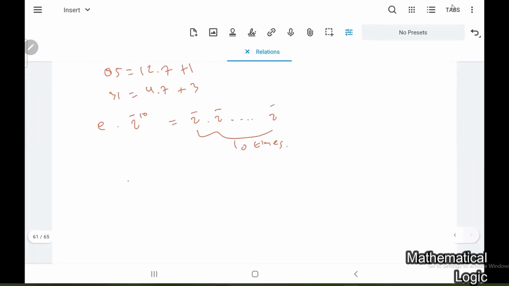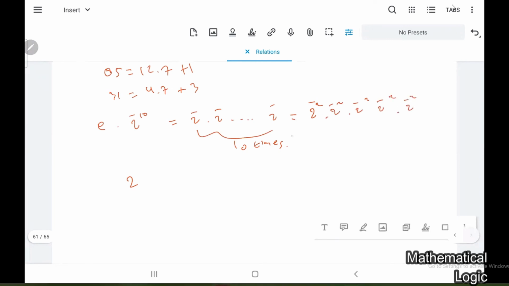One easier way is like this: maybe we can divide into parts. 2 square times 2 square, 2 square times 2 square, correct?